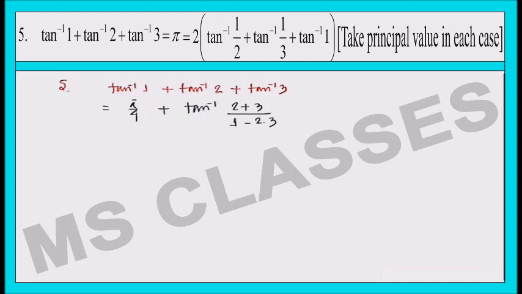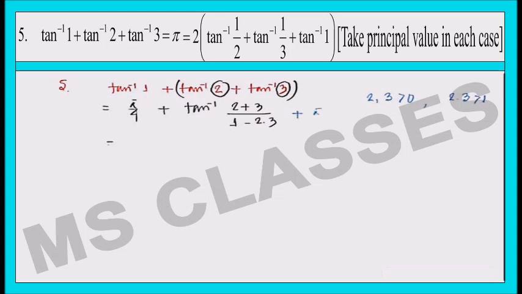I have applied the tan inverse of x plus tan inverse of y formula. But here x and y both are positive, that is 2, 3 greater than 0 and 2 into 3 greater than 1. So plus pi.